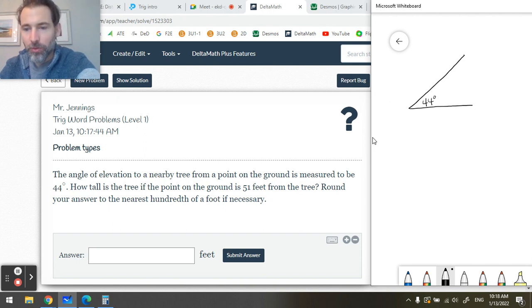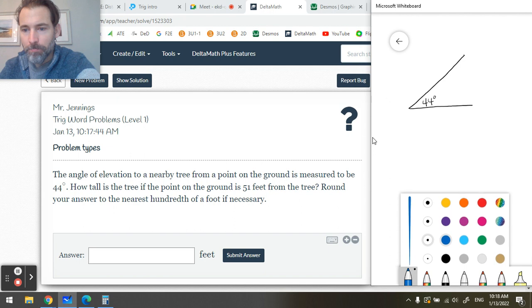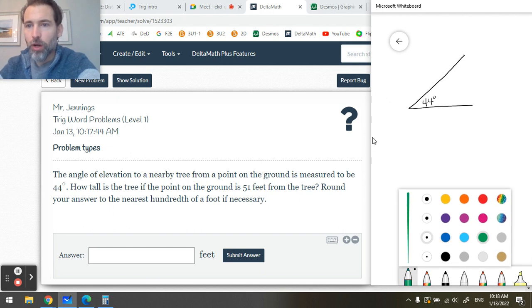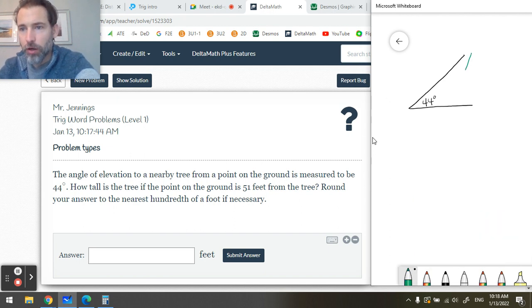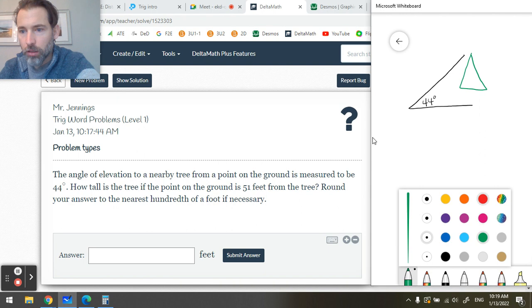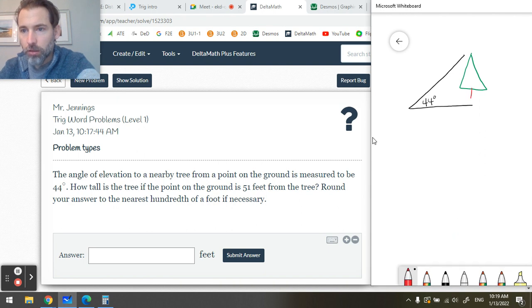Okay, so we've got a tree here, and there's one and only one way to draw a tree, and that's with a triangle and a rectangle. There, that's a tree. And if you draw your tree some other way, I don't know if I can help you.